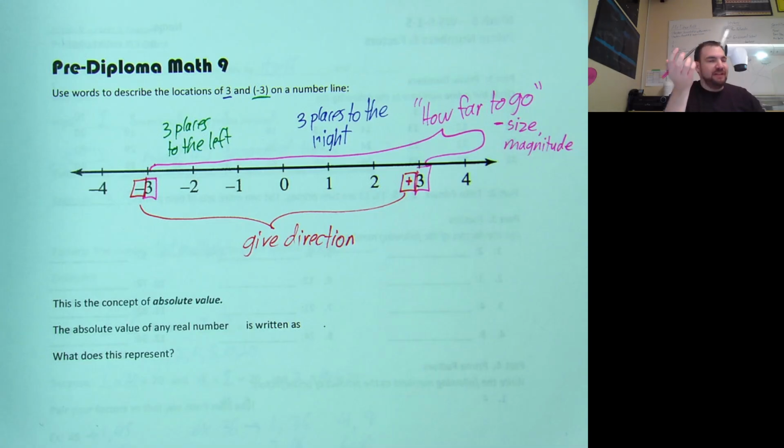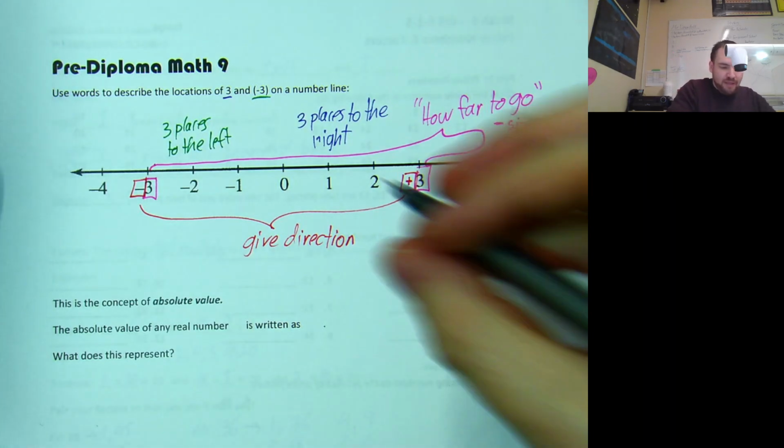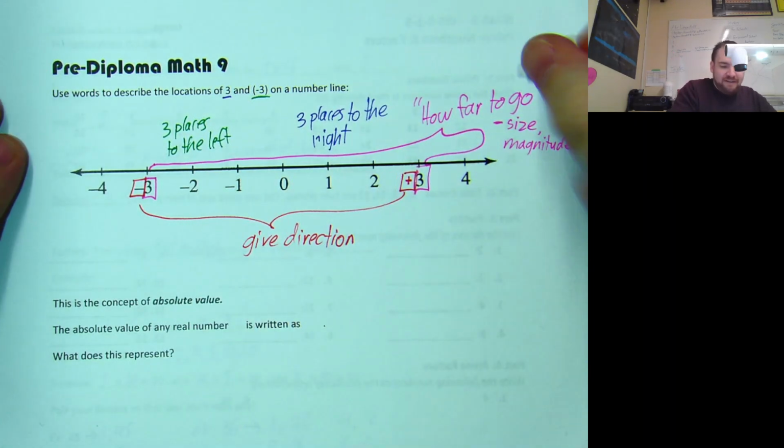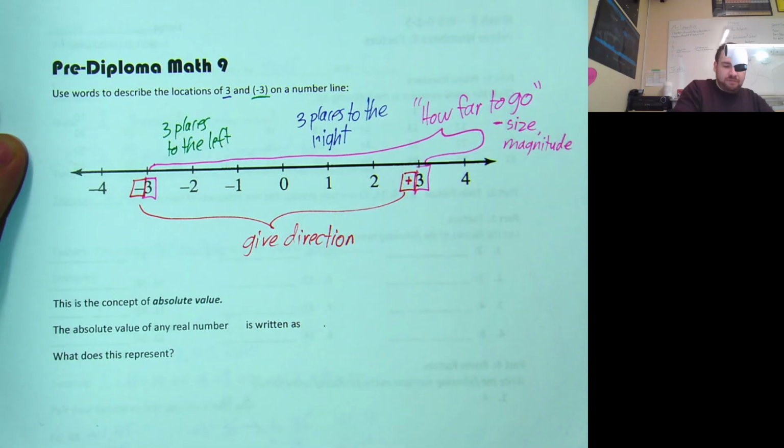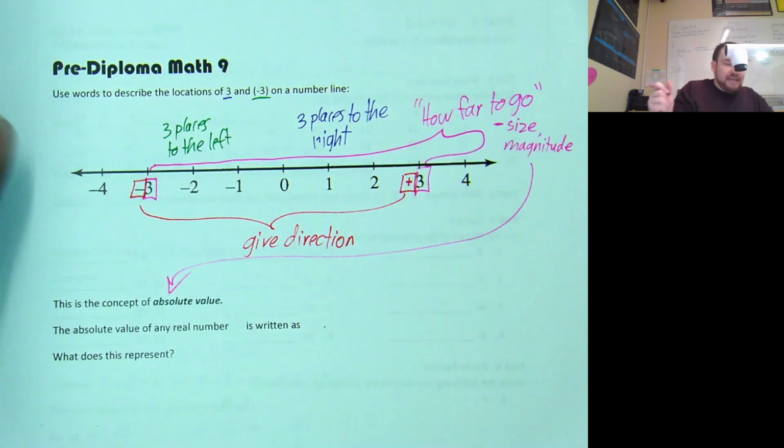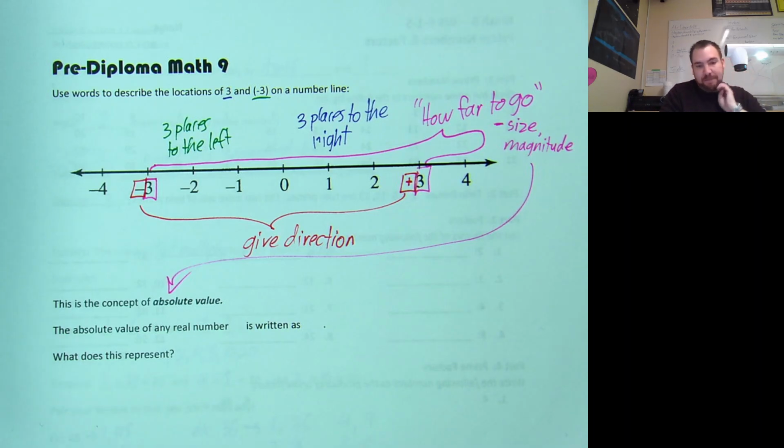It seems relatively simple, and that's because it is, but we're going to overthink it, and it's going to go horribly wrong, but that's okay. So the idea of magnitude is where we get the concept of an absolute value. How big something is is what the absolute value of something is.